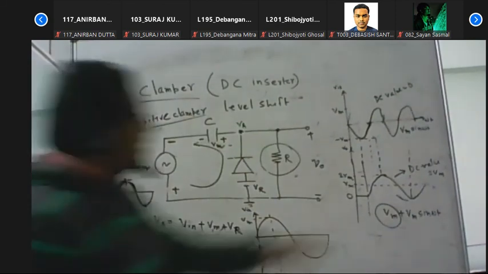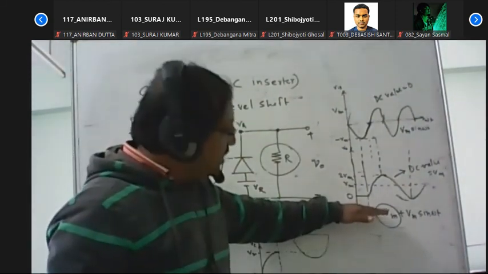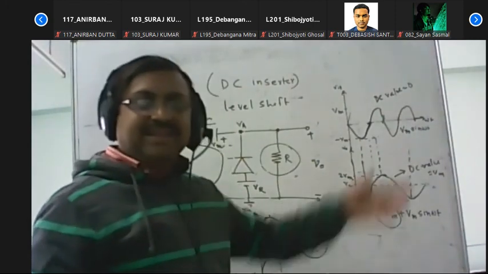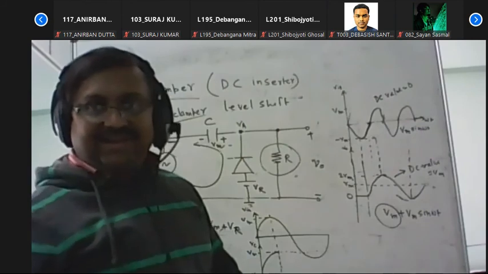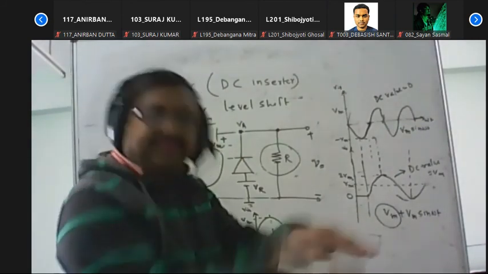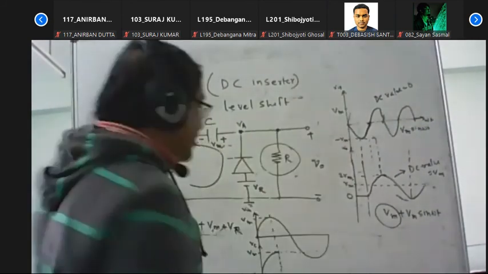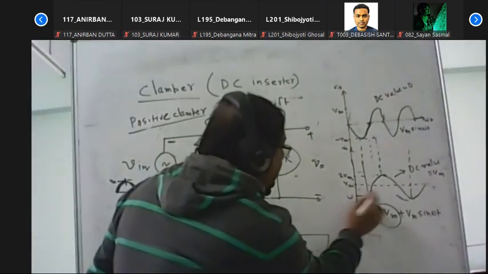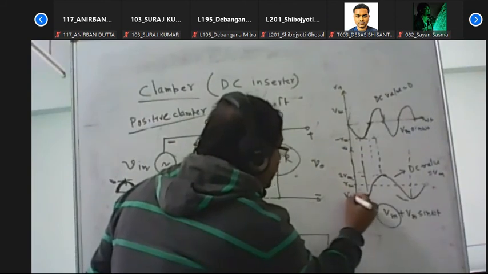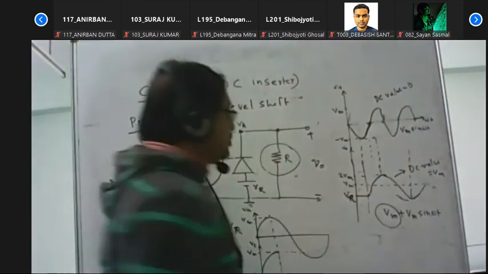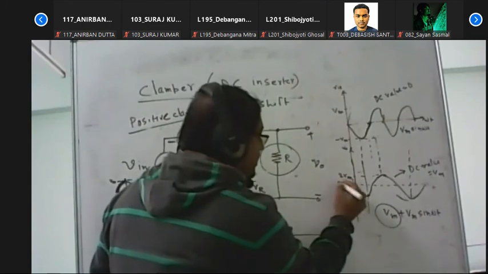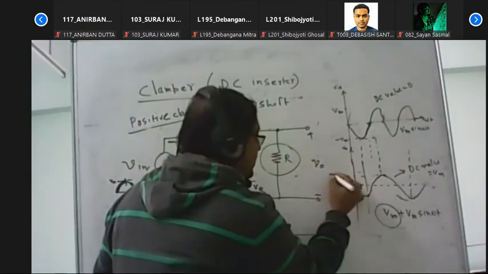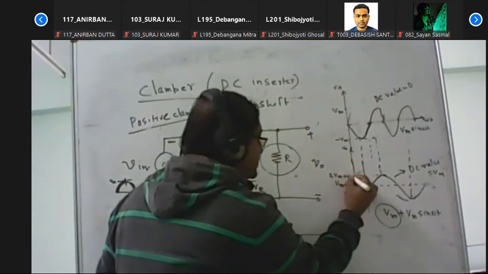So what happened? Due to Vm, it will always be shifted some level, and with this the Vr level is added. So the signal is also shifted by some value. The waveform is the same, but it starts from that point. That point equals Vm plus Vr, and that point obviously equals 2 Vm plus Vr.